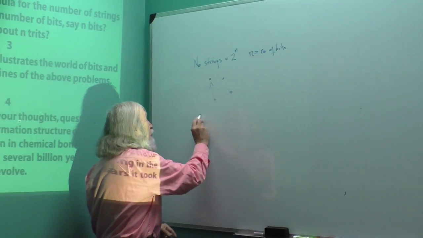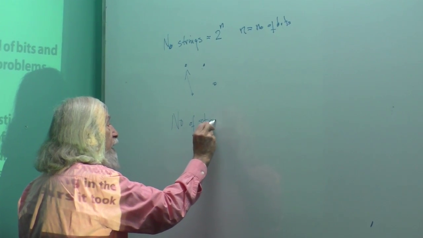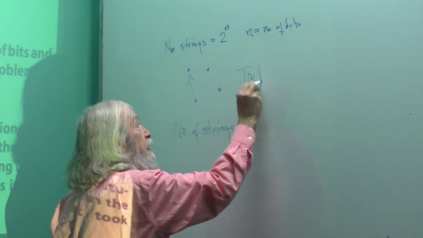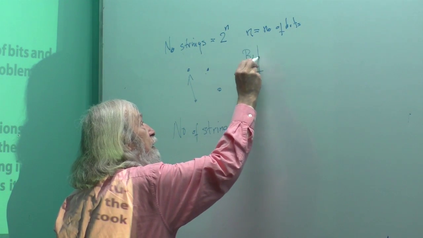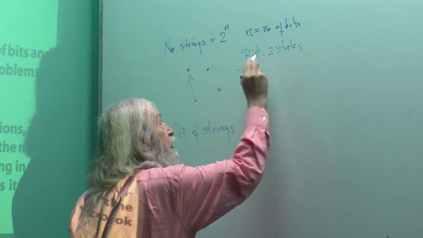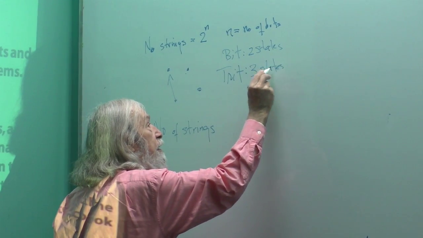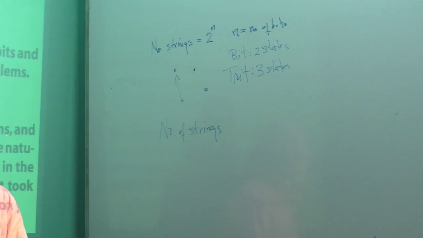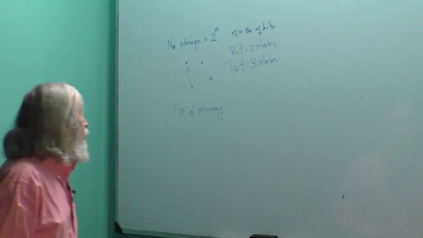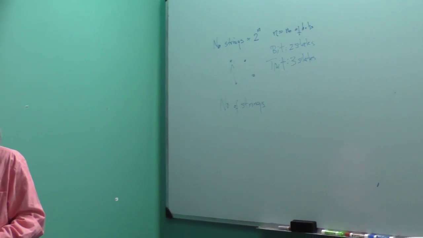So, what's the number of strings for a trit? Bit was 2 states. Trit is 3 states. So now you've got 3 choices, and the question is, what's the number of strings for 3 states? Any offers?